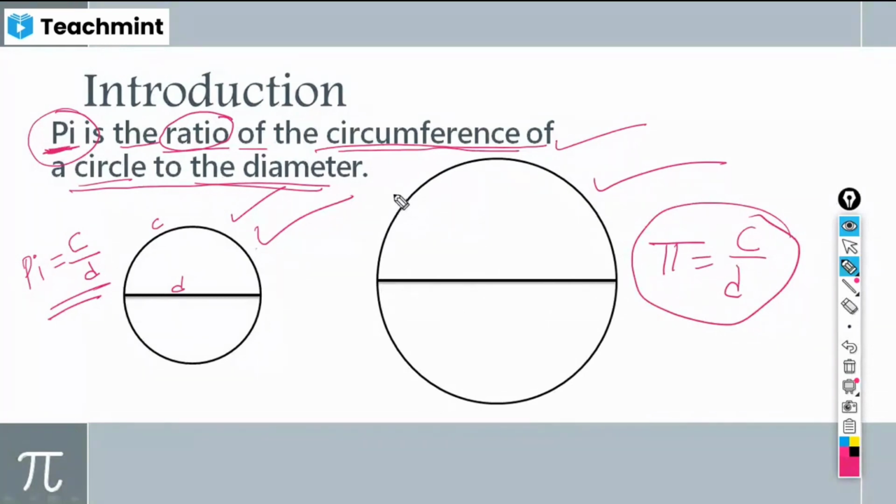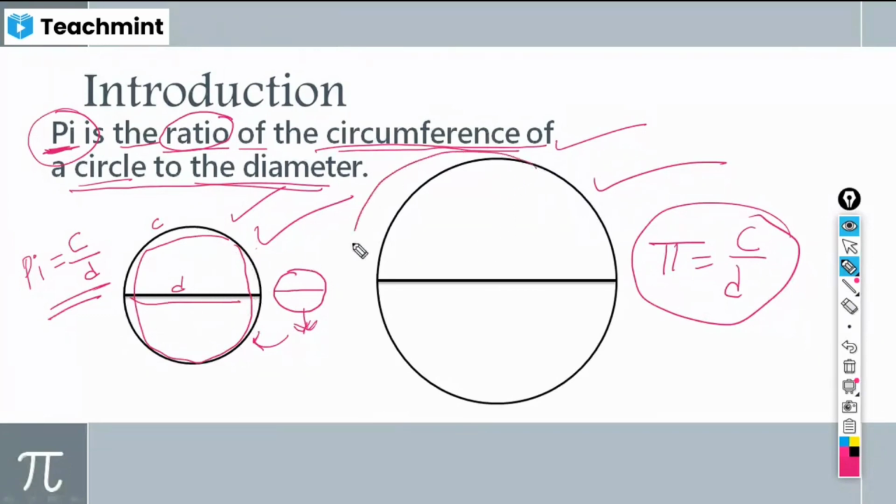Look, however small a circle is, take this small circle, when you divide its circumference by its diameter, that constant is the same as the constant you get with this other circle and its diameter.